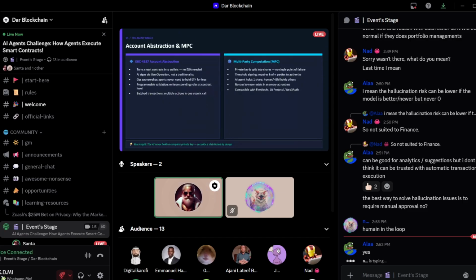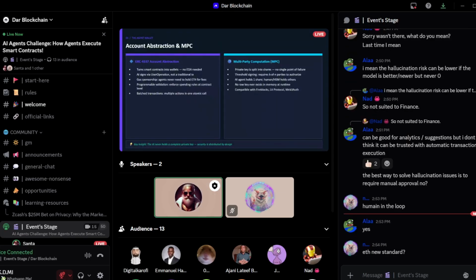Okay, so we have somebody who already heard about ERC-4337, so it's good. Let me walk you through this. Traditionally, every Ethereum wallet is an EOA, which stands for externally owned account. This account is controlled by a private key. We are all agreed on that.